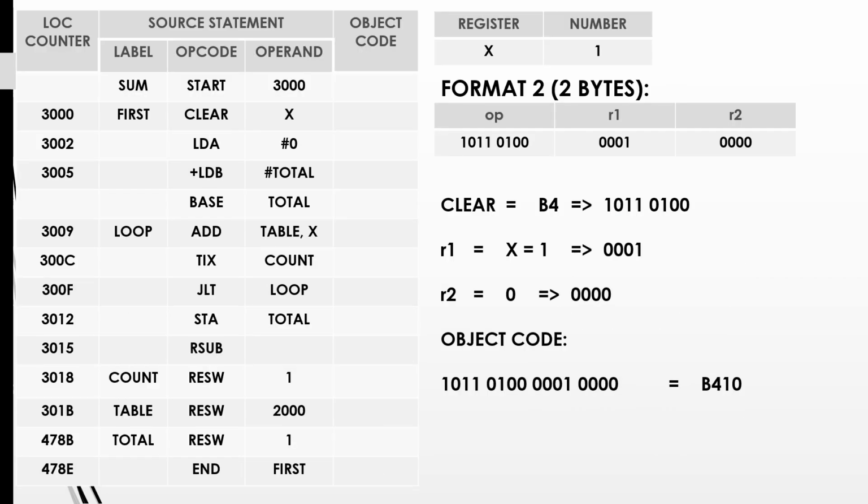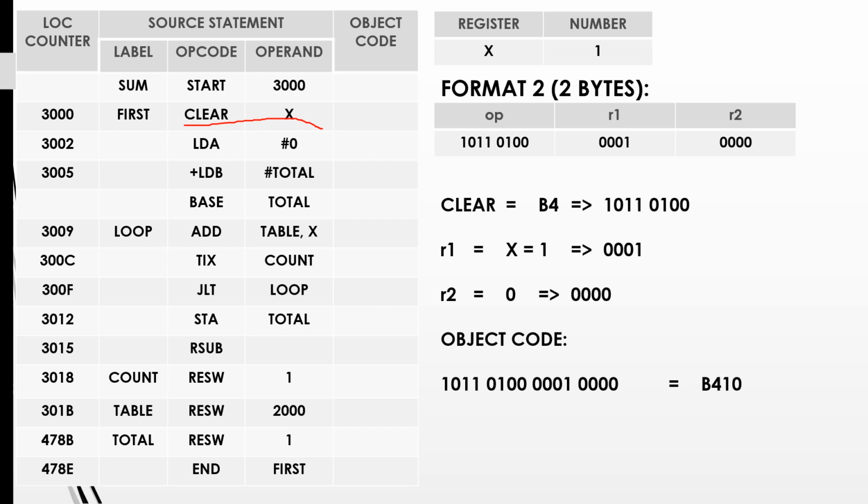Now we will start with the first instruction, that is CLEAR X. We have to remember that CLEAR has format 2, that is the instruction is type 2. Therefore, we have 2 bytes here. The object code will have 8 bits for the opcode, the register 1 will have 4 bits and register 2 will have 4 bits. So total 16 bits. For CLEAR, the object code is B4, and when we convert B4, we will get 10110100.